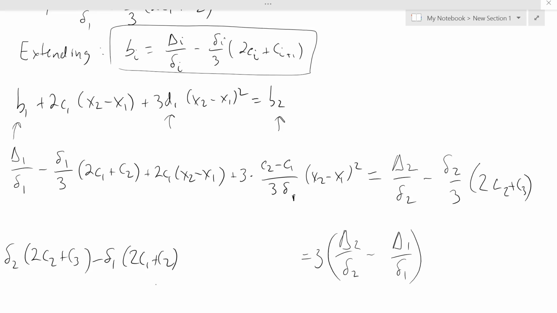This I can call delta 1, so I can call that one 6C1 delta 1. This is also delta 1. This is delta 1 squared divided by a delta 1, so I get a single delta 1 on top. This 3 on bottom will cancel because I multiplied both sides by 3, right? So we're going to get a 3 times C2 minus C1 delta 1.